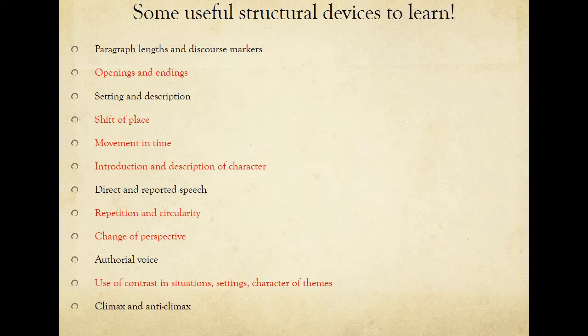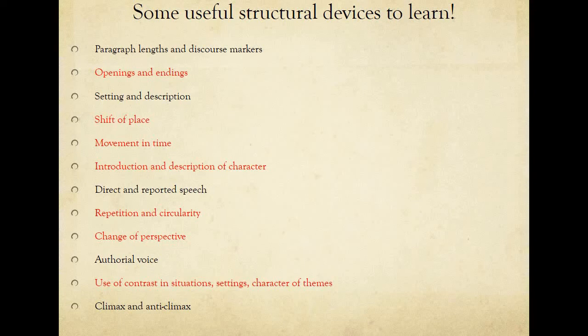Okay, the reason I've put these particular ones in red is for 2 reasons. One, they're the easiest aspects in terms of structural devices to understand, to identify in a text, and to use in your analysis. 2, they are the ones that are most commonly used in useful ways that we could pull out and analyse in the different inserts that have generally been given in these exams.